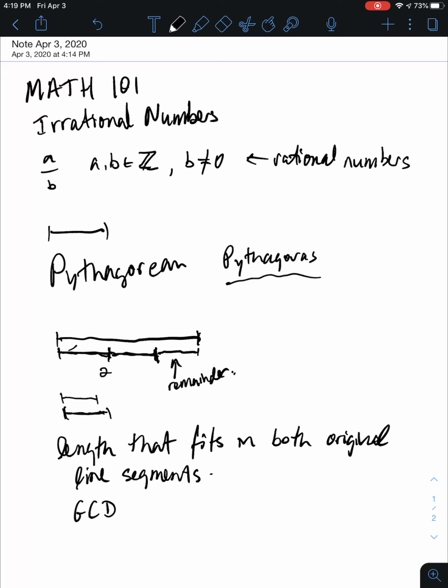And that is the geometric GCD. It's got a direct analogy to what we do with numbers, but we're doing it with lengths. So the Pythagoreans knew this. In fact, this is probably how they thought of the Euclidean algorithm, in terms of operations on lengths instead of operations on numbers.